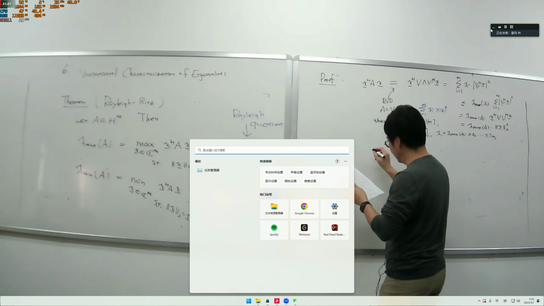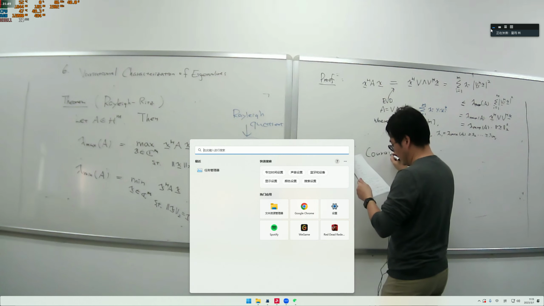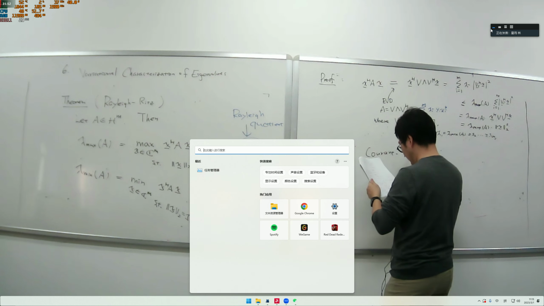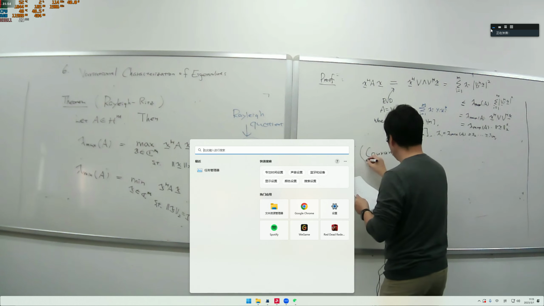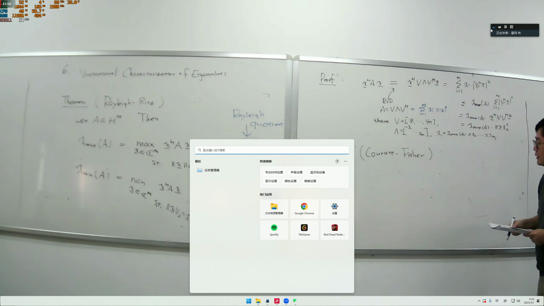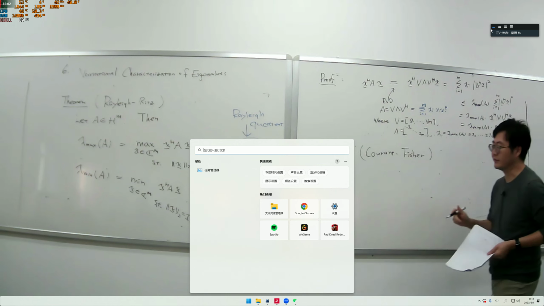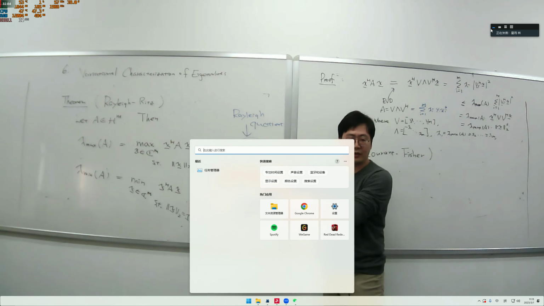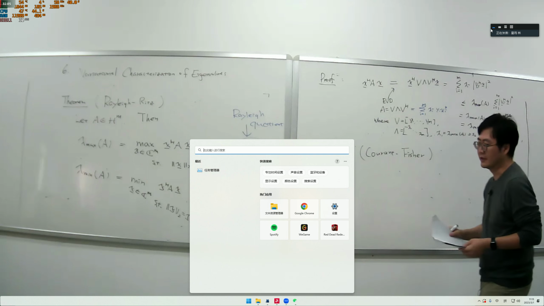Then this is the Courant-Fischer theorem. This Courant-Fischer gives us a more general expression for the eigenvalues, including those in the middle.